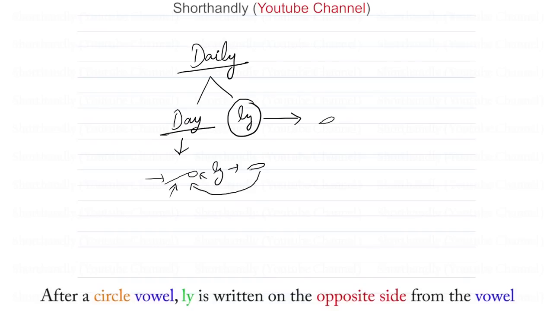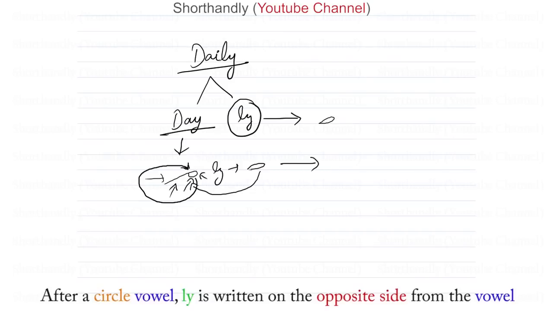If we read this statement again, it says, after a circle vowel, li is written on the opposite side from the vowel. It's simply saying that after the circle vowel, li is written on the opposite side of the vowel, which is simply here. So we will be attaching this li loop here.